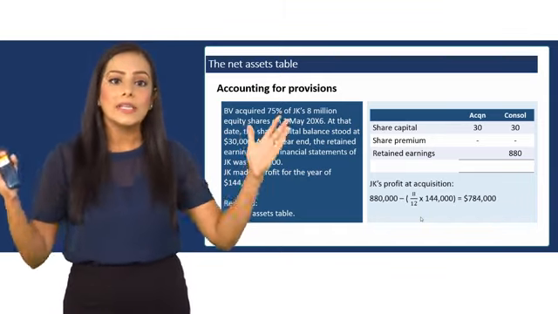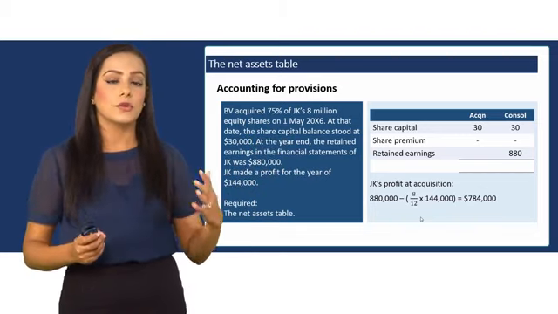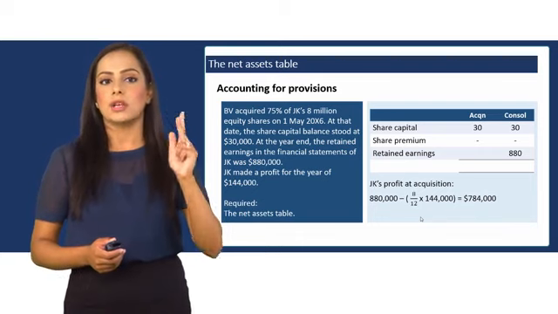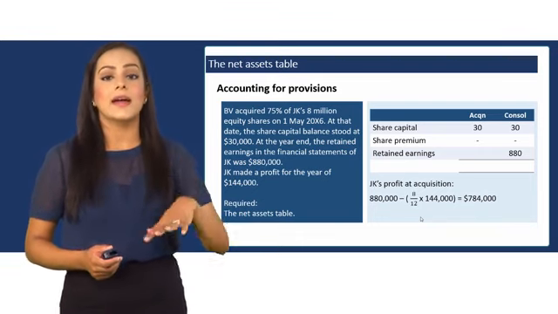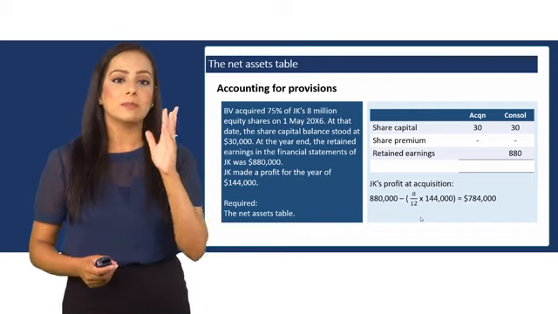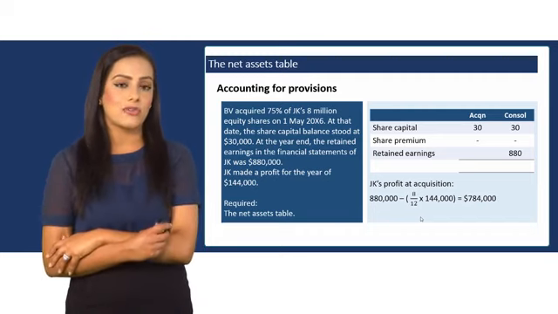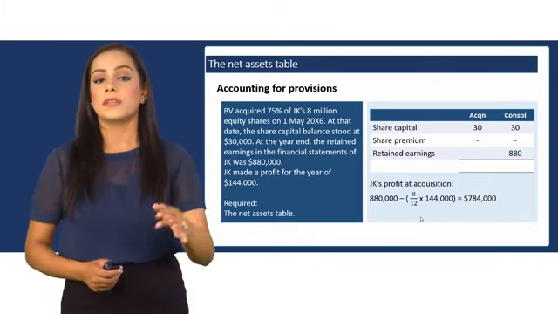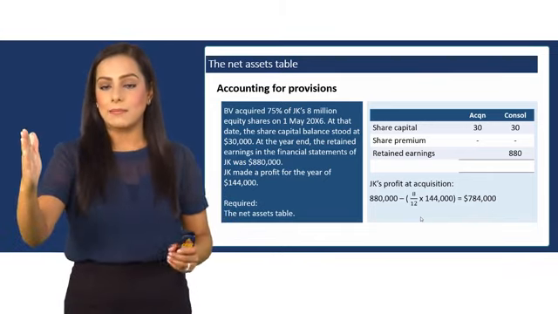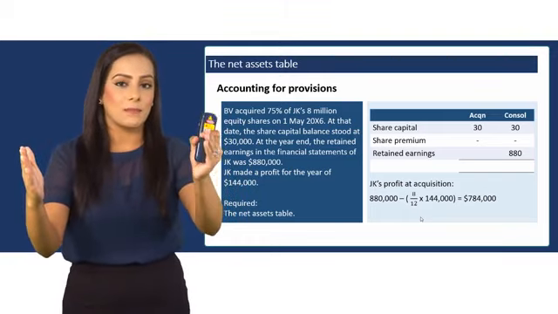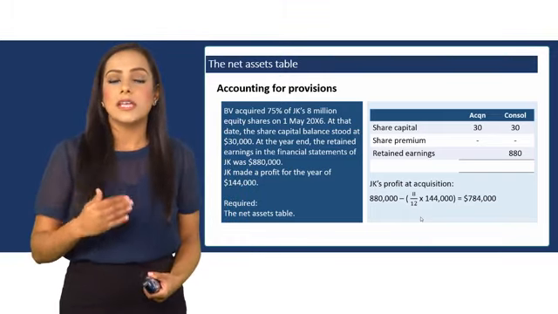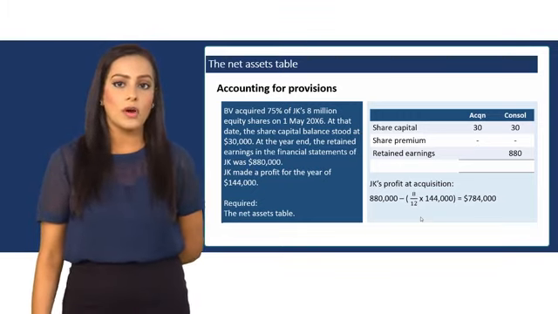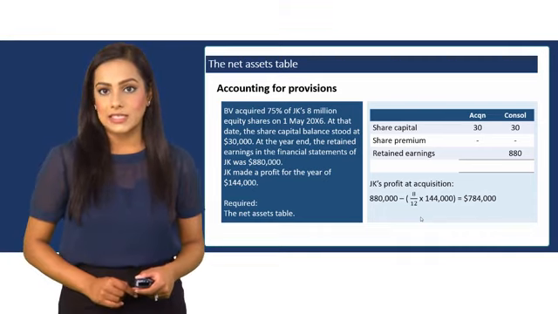If the whole year's profit was 144,000, and if we count the months: May, June, July, August, September, October, November, December, that's 8 months. If we take away 8 months of the profit from 880, that will give us the retained earnings at acquisition. So 880 was at December. What was the retained earnings 8 months earlier? You just pro rata the profits by taking 8/12 of 144, and that will give you 784.